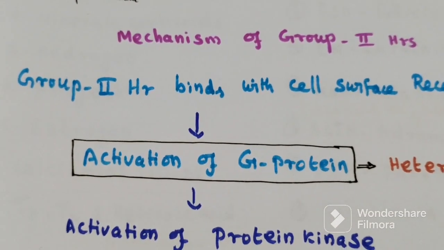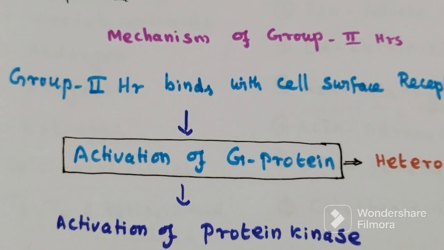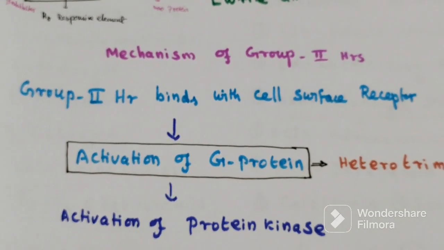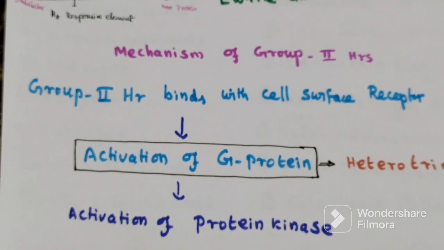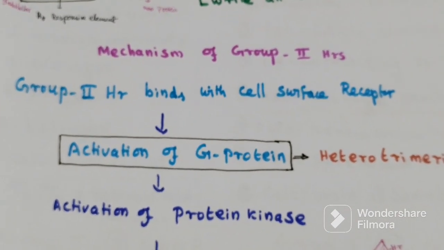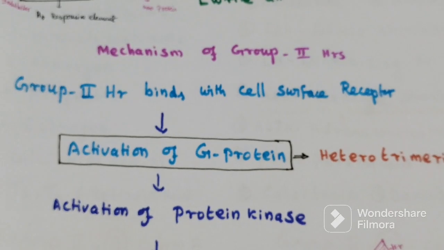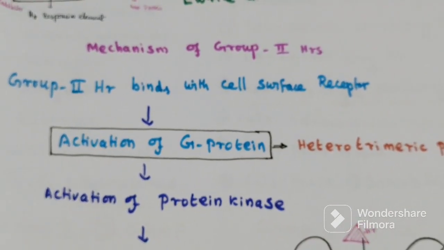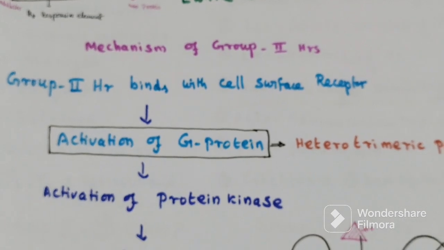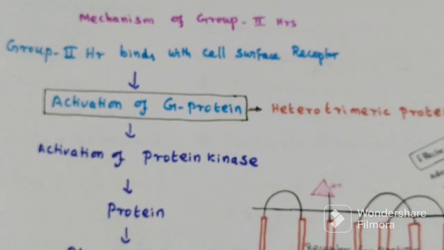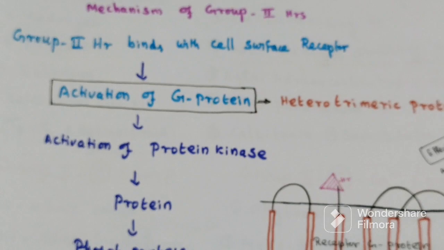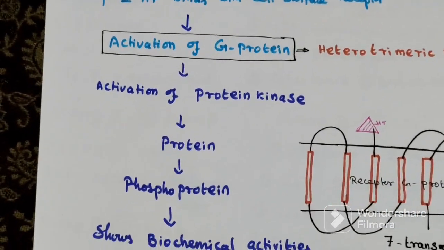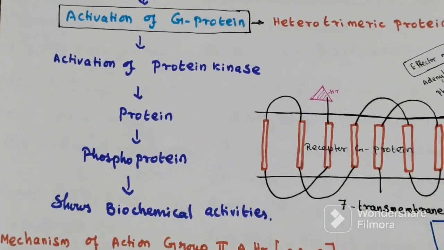Sequence of events in group 2 hormones: they first bind with the cell surface receptor, then they cause release of a secondary messenger, then the secondary messenger causes activation of protein kinase, and protein kinase will activate protein, then it is converted into phosphoprotein. Protein is converted into phosphoprotein, which shows the biochemical response.